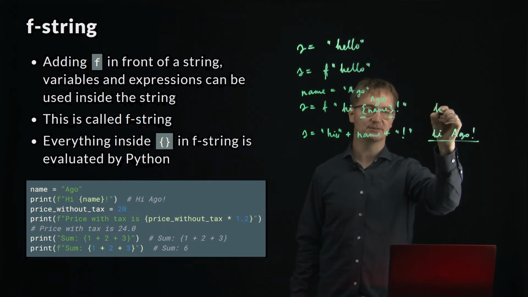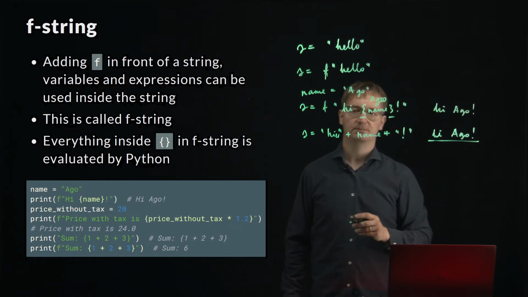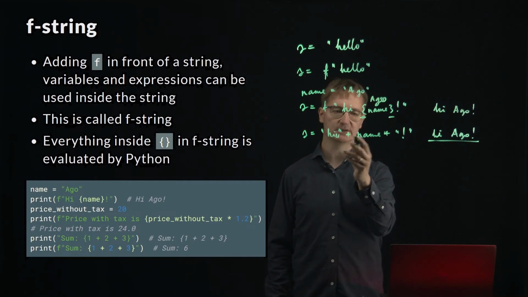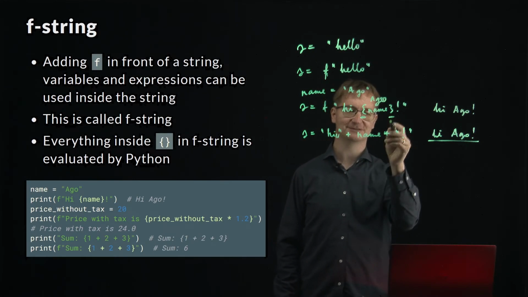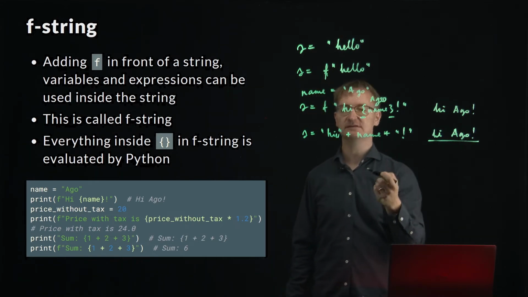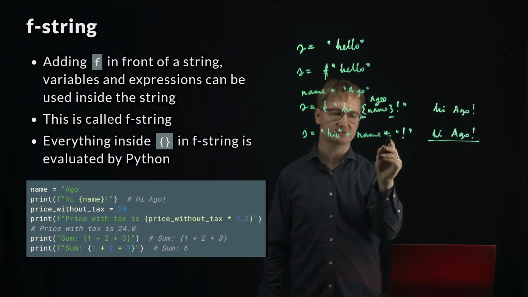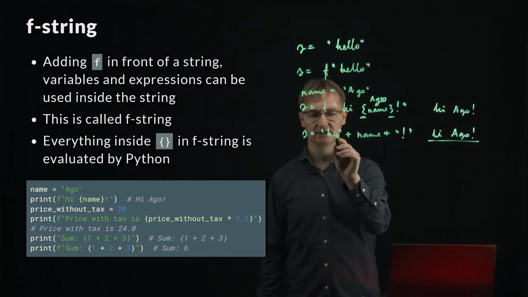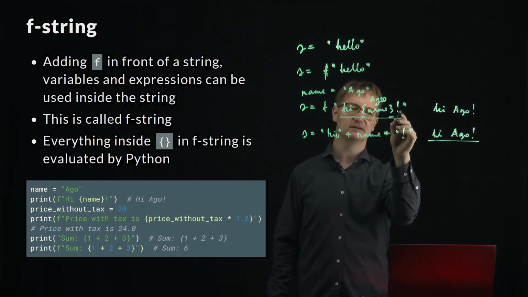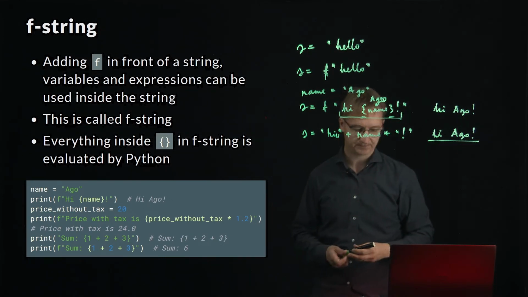So the result is the same, hi Aro, exclamation mark. But it's a bit easier to write. It probably should be fewer symbols than in this line, but in addition, it's easier to read. Here I have to check whether this space is here, whether space is here. But here I basically see the result, just one part of it is replaced.